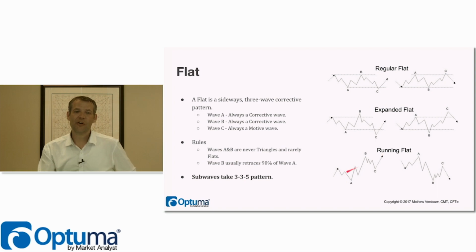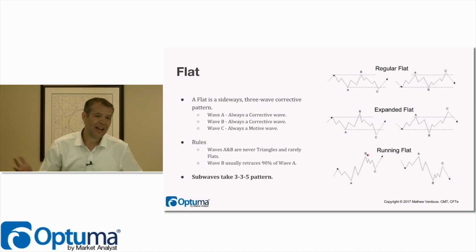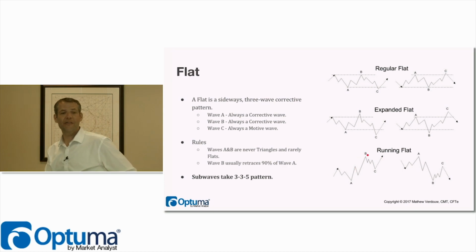Now it starts off, we have wave 5 here, we come down to A, we then have B, which takes out wave 5, and then we start having C, so it looks like it could be an expanded flat, comes down, and C fails to take out A. And that's the big differentiator between an expanded flat and a running flat, is where C ends up. And I know that there's been questions in the past on this as well.